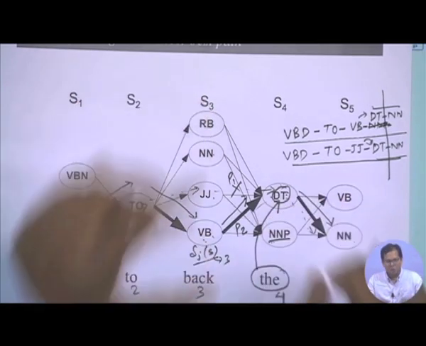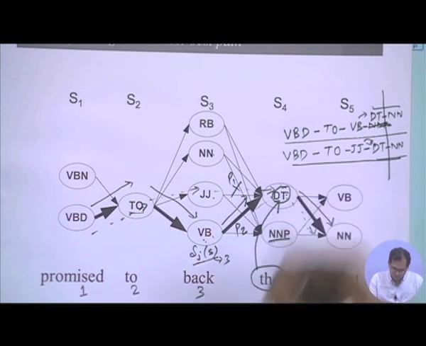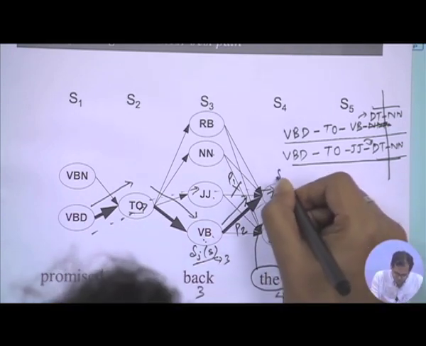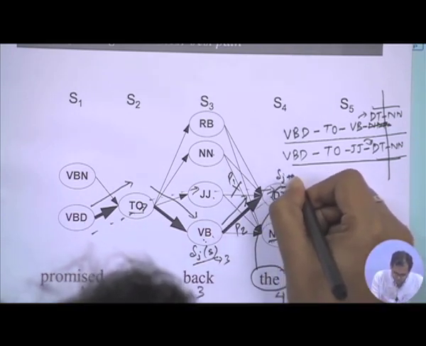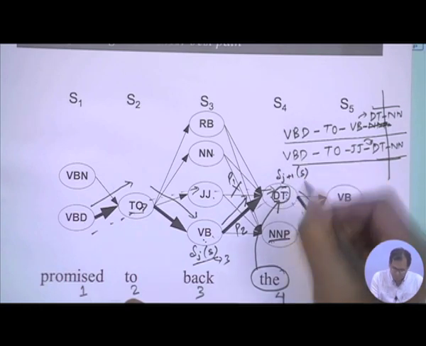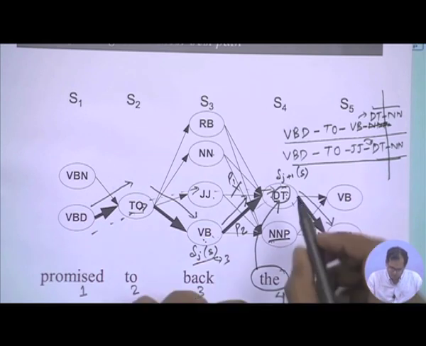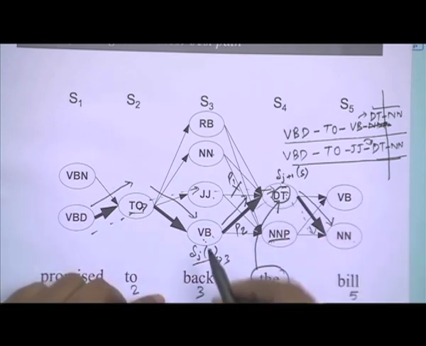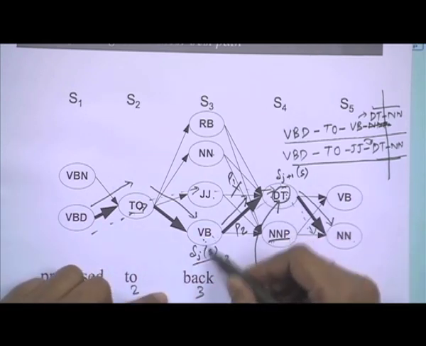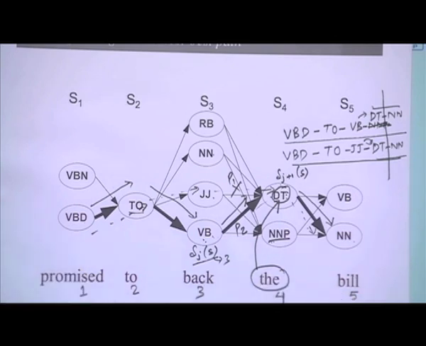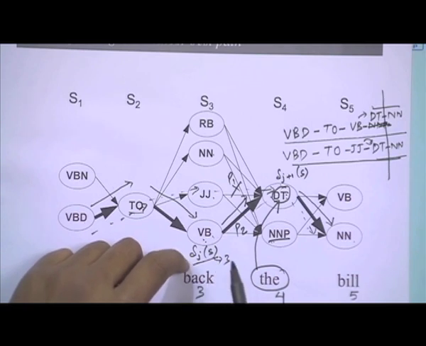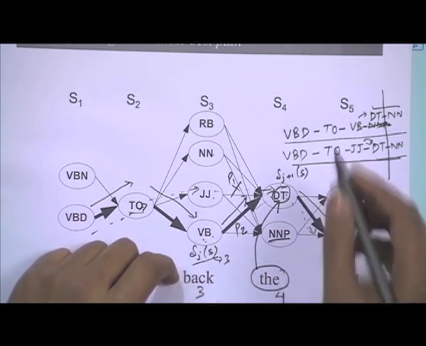Now, how do I use these probabilities to compute the next step? Say I want to compute delta j s plus 1. How will I compute that? Delta j s would have taken care of the word before already. So what are the things that I add?